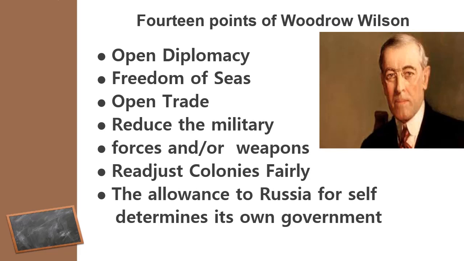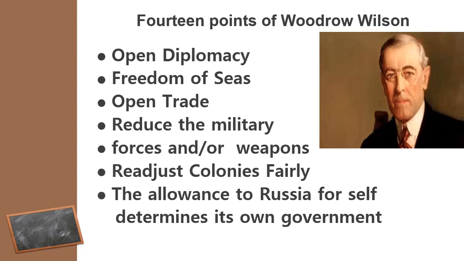In his 14 points, Woodrow Wilson suggested that there should be open diplomacy rather than secret agreements between the nations. He said there should be freedom of the seas, and free trade routes for every nation.